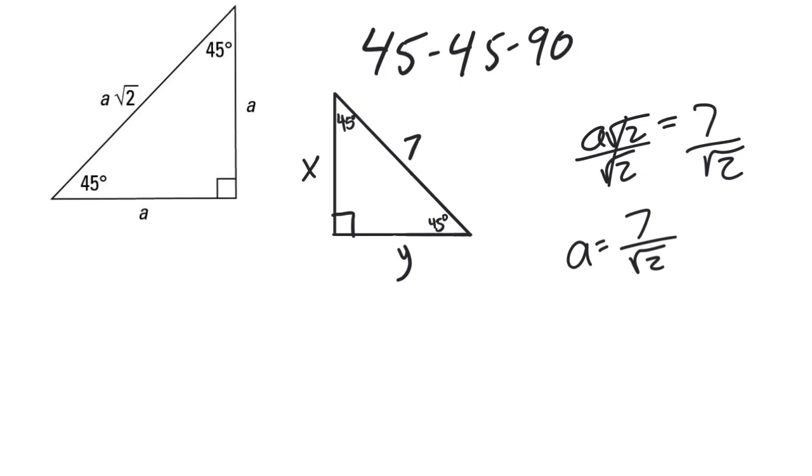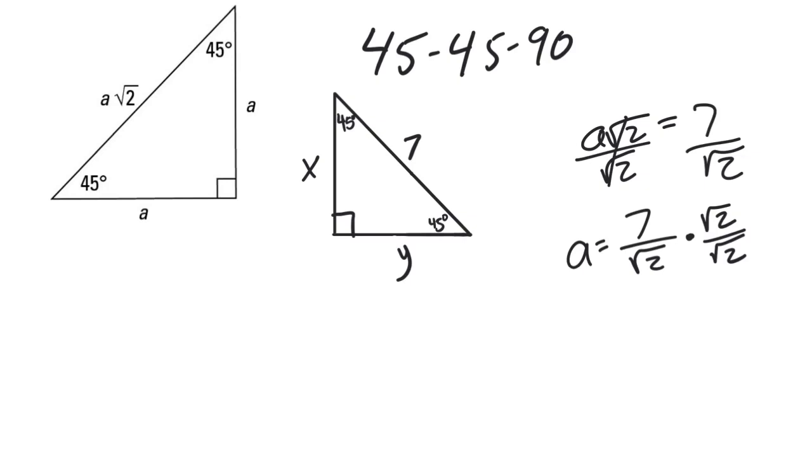Again, you cannot have a radical as a denominator. So we have to get rid of that by multiplying the top and bottom both by square root of 2. The reason you're multiplying by square root of 2 is for the simple fact that square root of 2 times square root of 2 gives you a regular 2, just gives you positive 2. And that cancels it off the denominator.